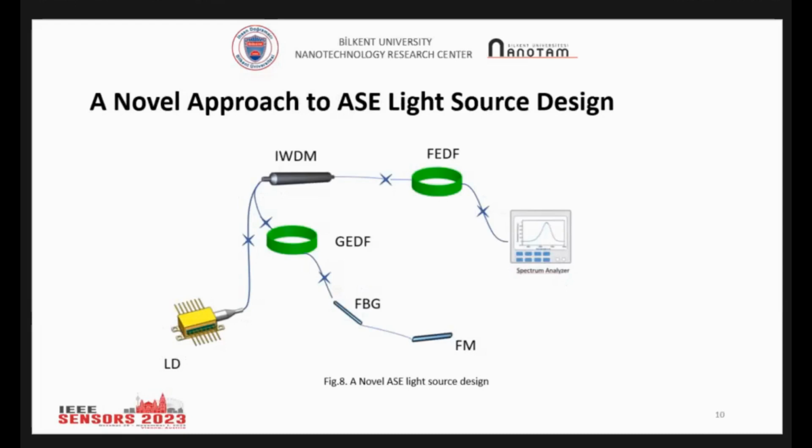Our aim in using the Faraday mirror was to increase the reflection, and in this way we can reduce the absorption. With this configuration, we also added some erbium fiber at the signal port of the WDM, because without needing any optical component, we want to filter our wavelength.